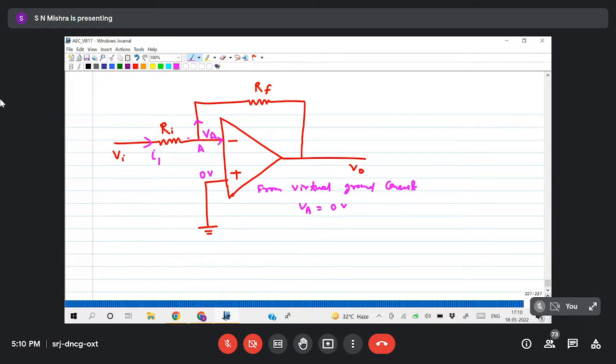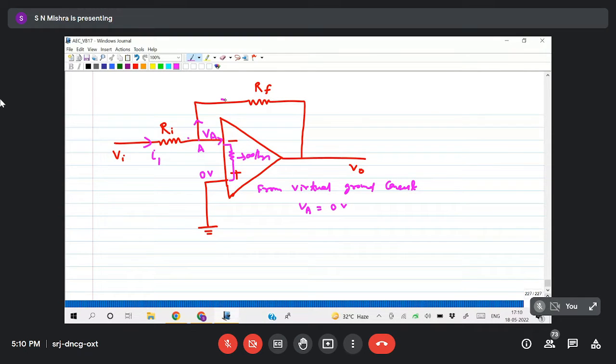During the discussion of characteristics, I told you the input impedance of the op-amp is very high for the practical case, and infinite for the ideal case. So the current will not enter the op-amp due to this high impedance. Obviously it will go through Rf, because current always flows in the lower resistance path, so the current will move in the feedback path.